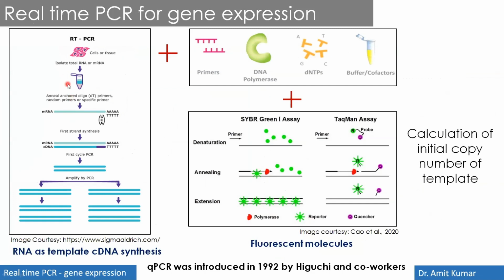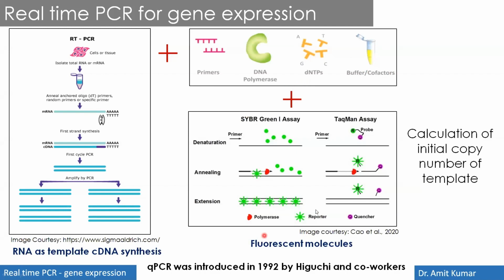So you extract the mRNA, convert it into cDNA, and then amplify it with PCR. So instead of using DNA, you are using RNA as a template for gene expression studies. Then you have to use your primer, DNA polymerase, dNTPs, buffer, cofactors, and whatever else is required to actually do the PCR.